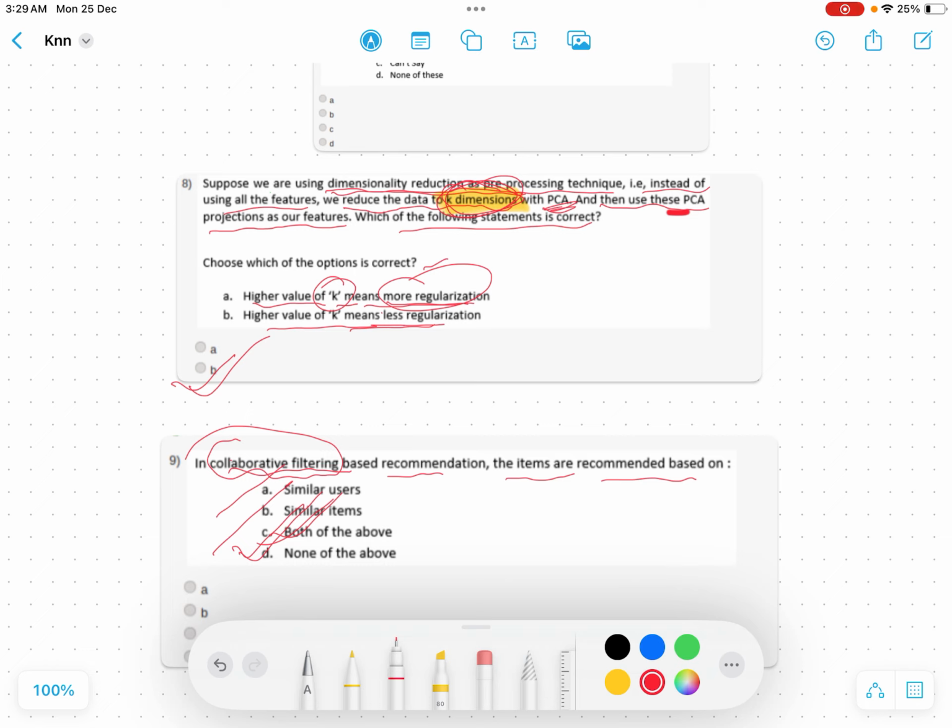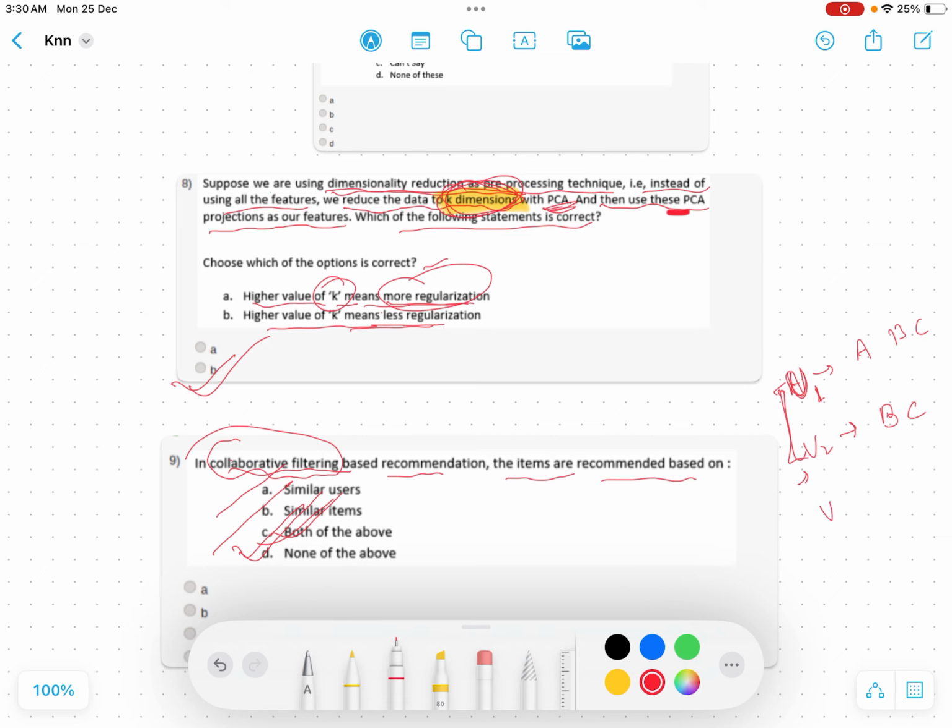One is based on the interaction between two users. Suppose user U1 has seen movies A, B, C, and user U2 has seen movies B, C. So these two users are very similar, right?